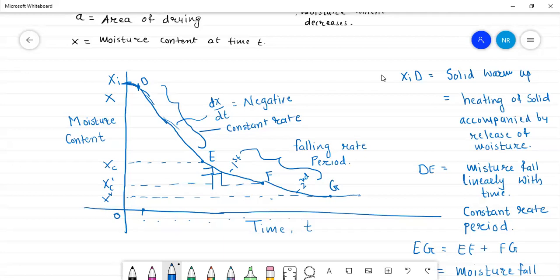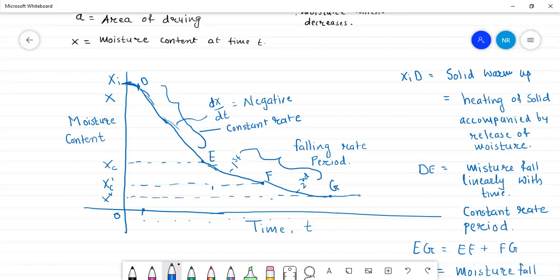What I suggest, as a faculty, is that you take three to four points and measure the slope. Once you have the different slopes, you take the average of the slope to get dx by dt.